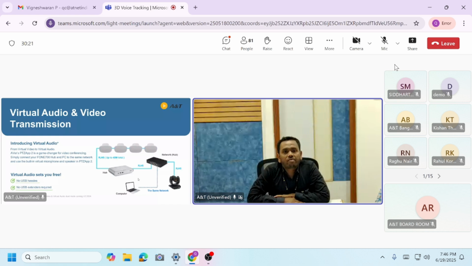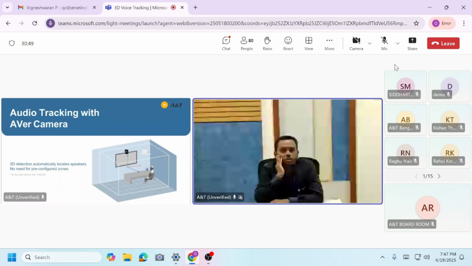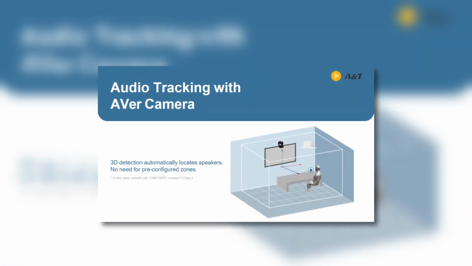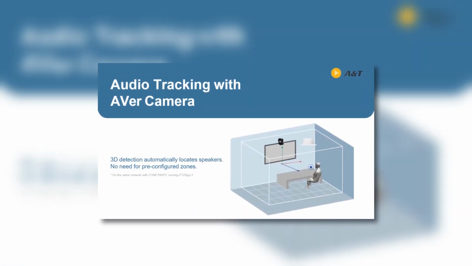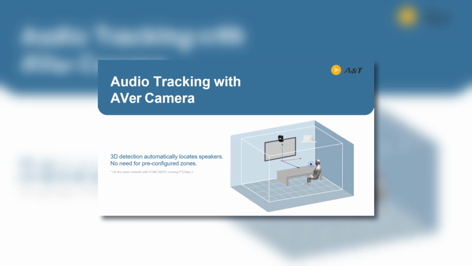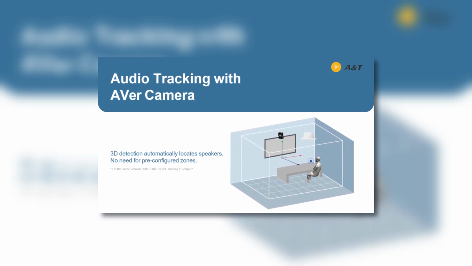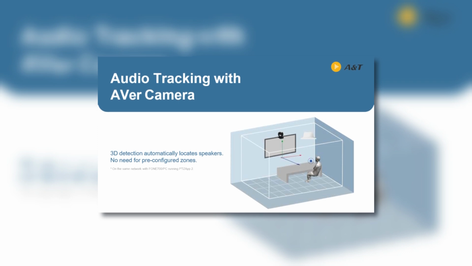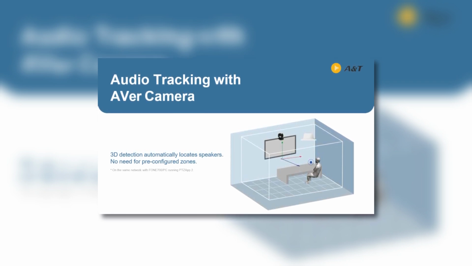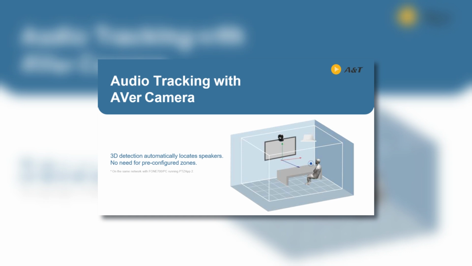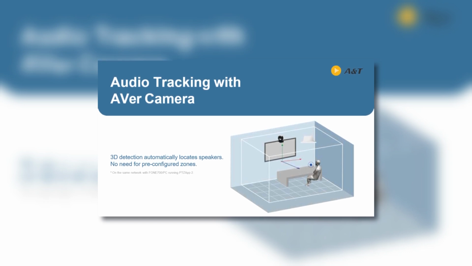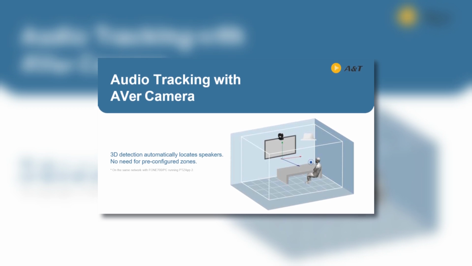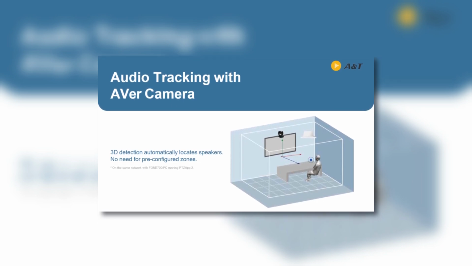There is a technology in AVer, virtual audio and video. So audio tracking with AVer camera is done using 3D technology with the help of X, Y, Z coordinates. The configuration, about 10 minutes, I'm going to run through now. I don't have to set any preset. In a traditional method, you will have to have multiple presets to achieve this with ceiling microphones.